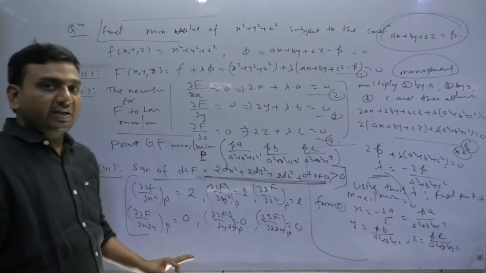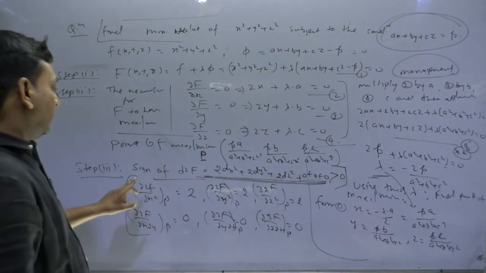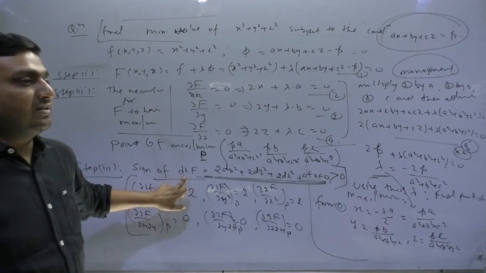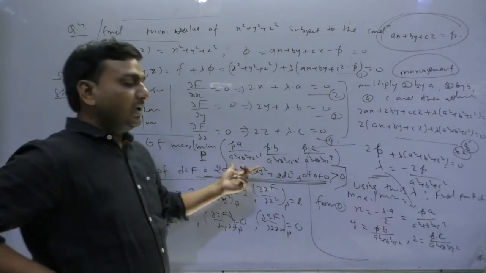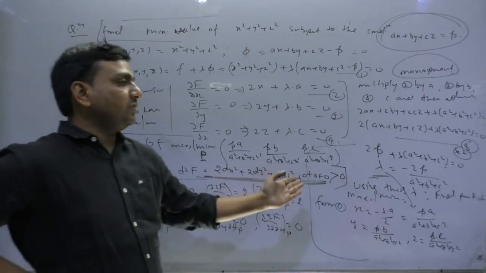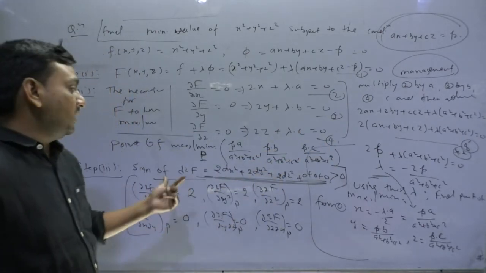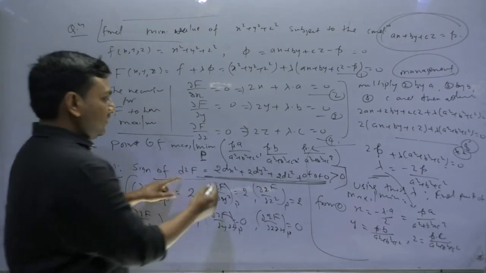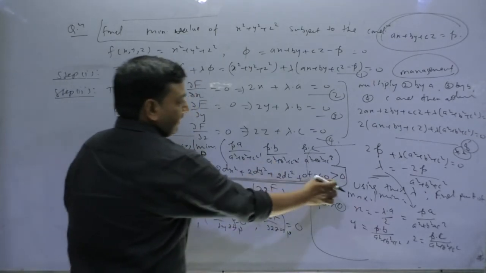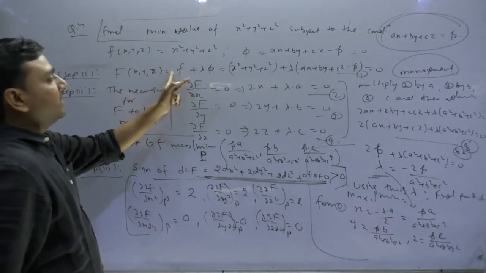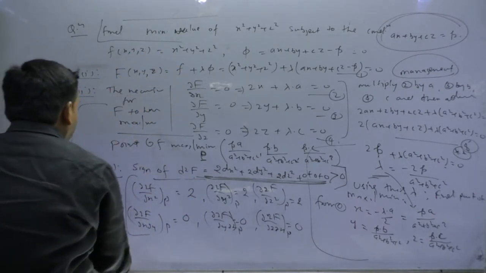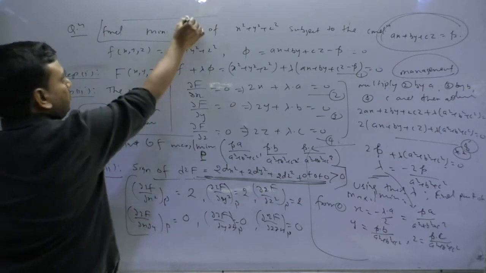What I told you: if d2f is greater than 0, then f will have minima at that point. If d2f is less than 0, then at that point maxima. So for this particular point we have greater than 0, so f will have minima. That is what I asked you.